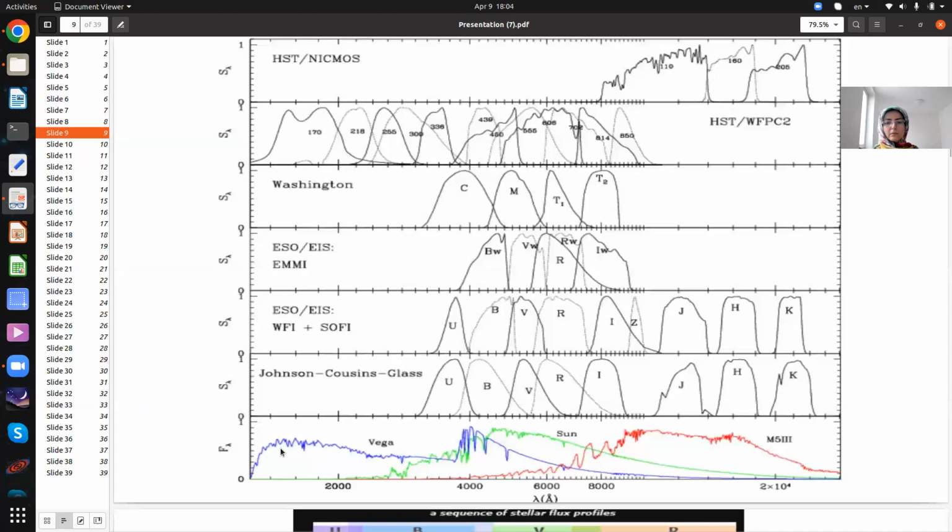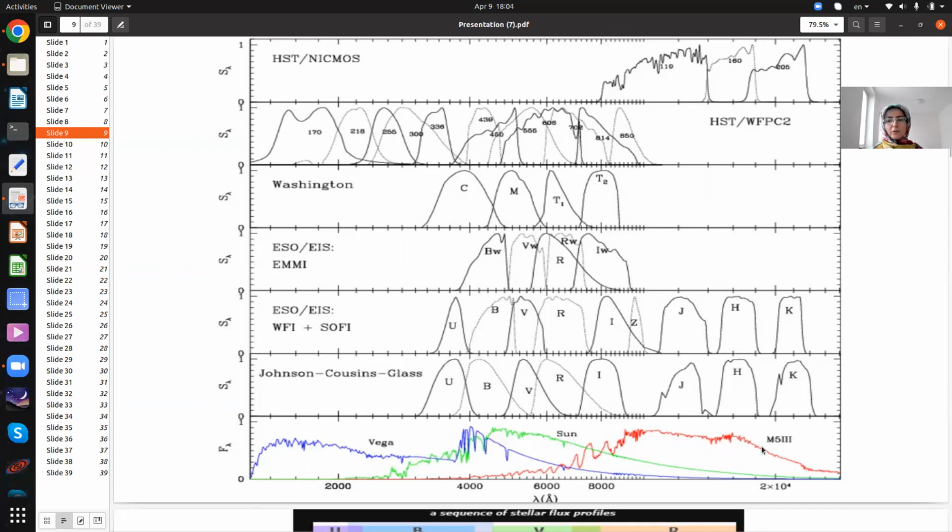And here you see Vega. Vega is a hot star, and for hot stars we mostly have ultraviolet, and we can detect it in ultraviolet. Then we have, for example, the sun, and you can see that we can see it in visual magnitude.